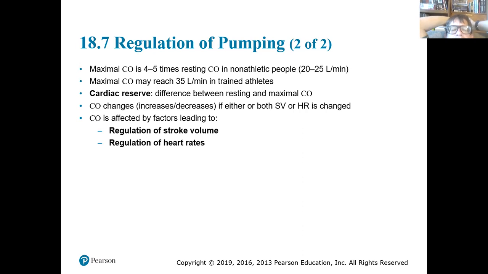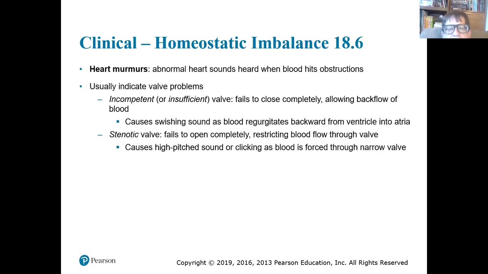Your cardiac reserve is the difference between resting and maximal output. That's how much more the heart could move if it had to. So cardiac output will change if you change either the stroke volume or the heart rate, and you can regulate both of those things, which we're about to talk about.